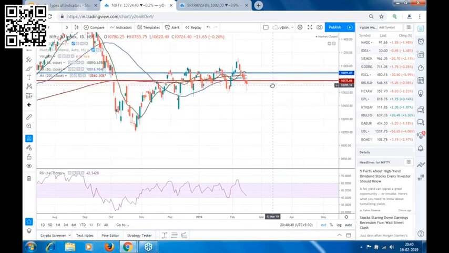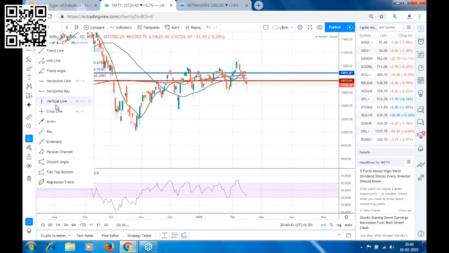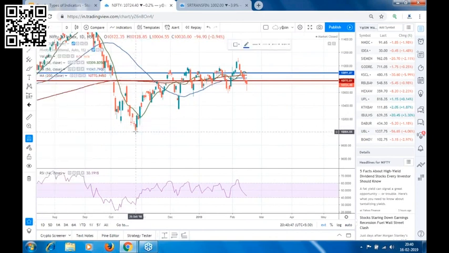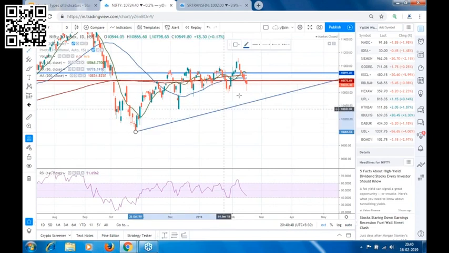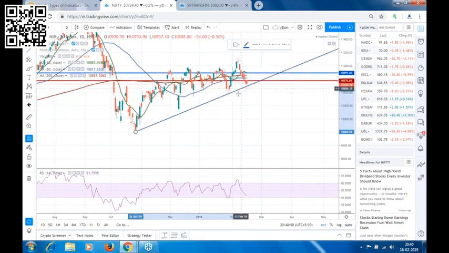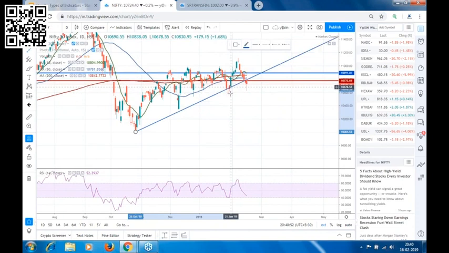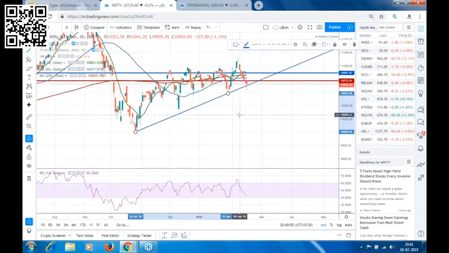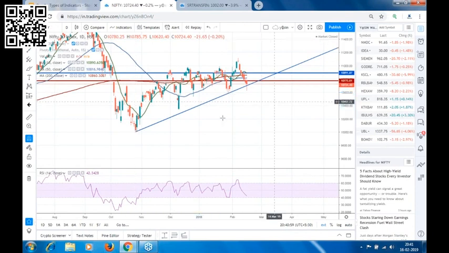Now if we look at Nifty, this is the trend line. Even on Friday, you see it tried to break the trend line, but there was a pullback in Nifty.